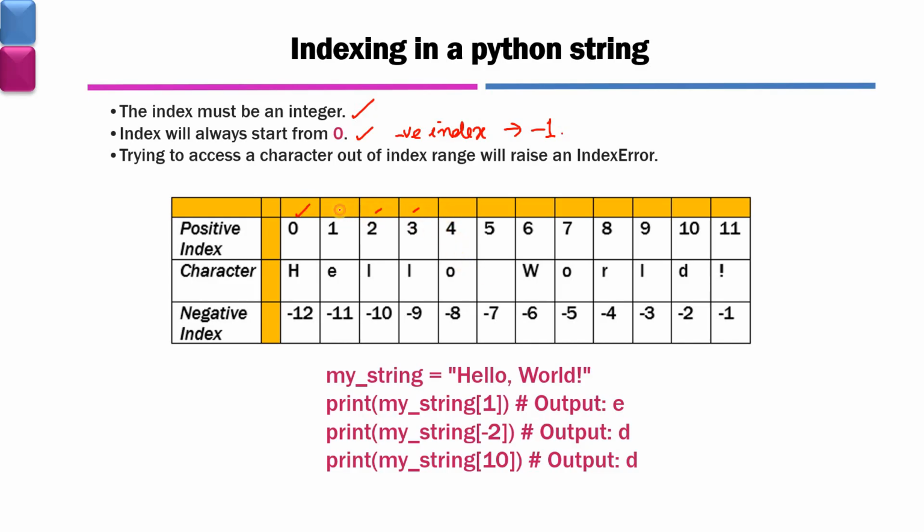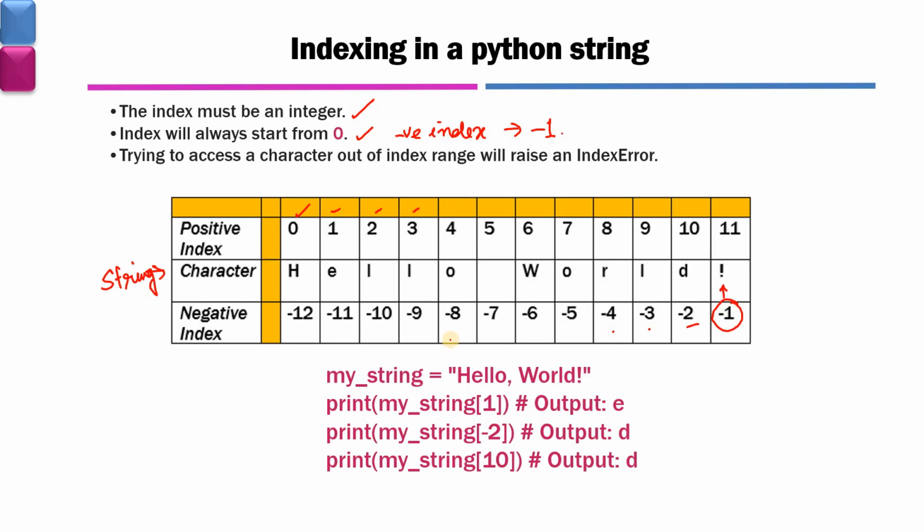Suppose the whole string is hello world. Individual characters have been shown in individual cells so that you can understand this concept very well. And as I told you, the negative index starts from the last character of the string, which in this case is the exclamation mark. So the exclamation mark will get -1, and then -2, -3, -4, -5 like this till we go to the start of the string.